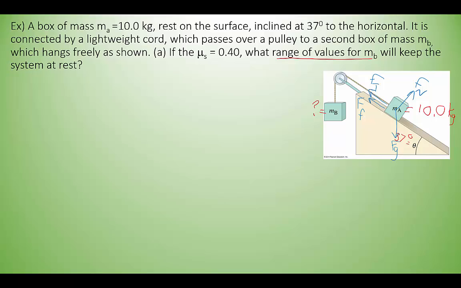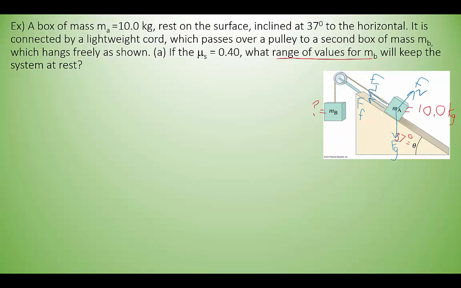So if we are looking at the situation where MB is 0, or is significantly small, and MA will slide down the incline, then the friction will be pointed up. But if MB is large enough, MA will tend to be pulled up the plane, so the force of friction will go the other way.